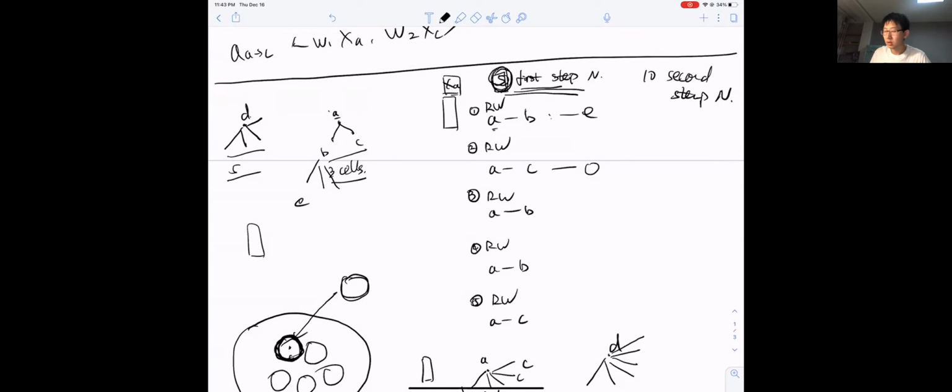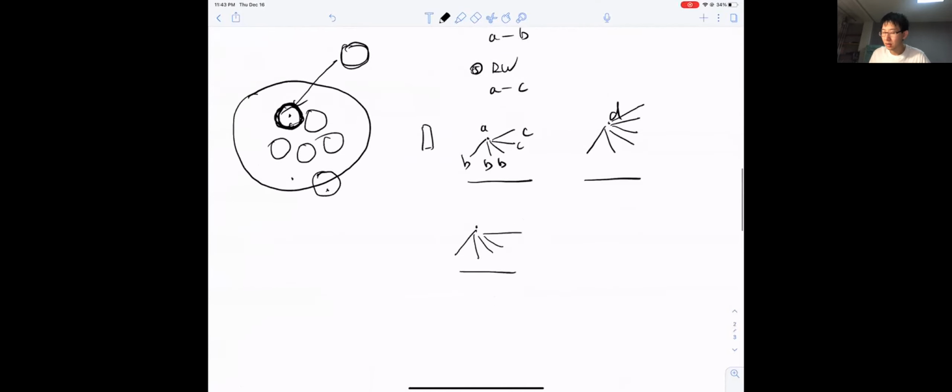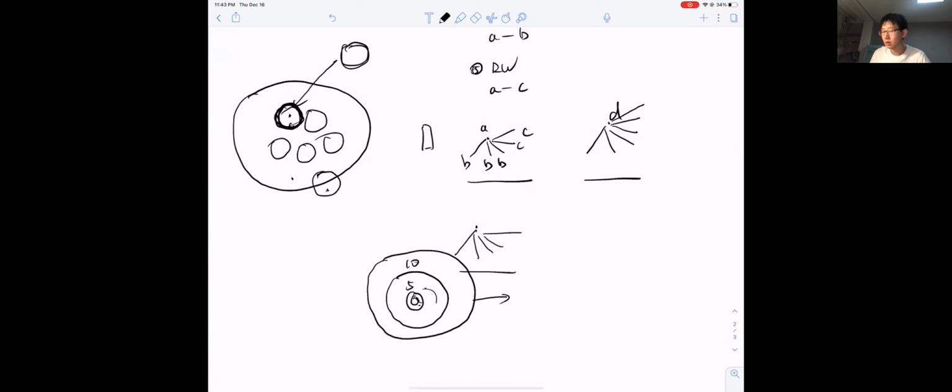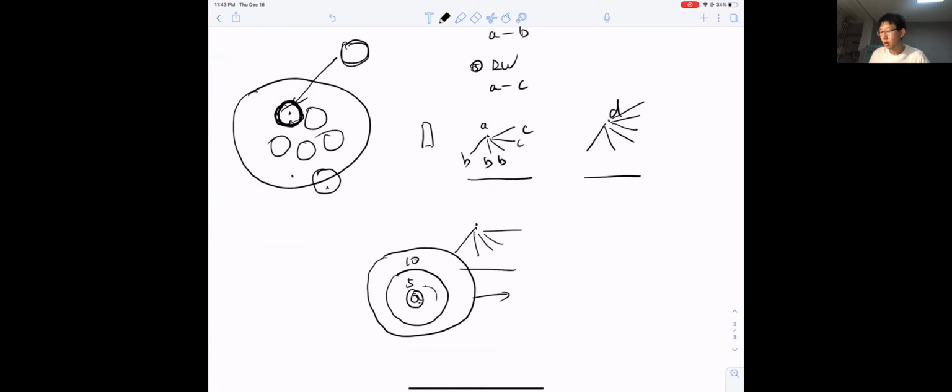And after that, what you get is A as the center, with 5 first step neighbors and 10 second step neighbors. So in this inductive learning, it aggregates all the information of cell A itself, the 5 first step neighbors and the 10 second step neighbors together to generate a new feature vector.